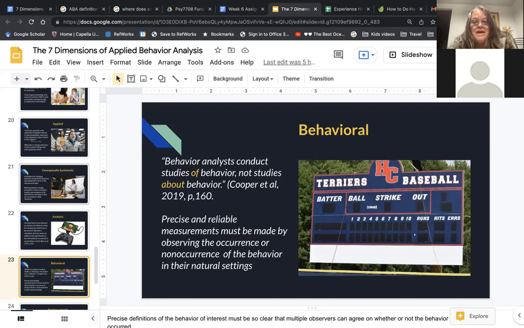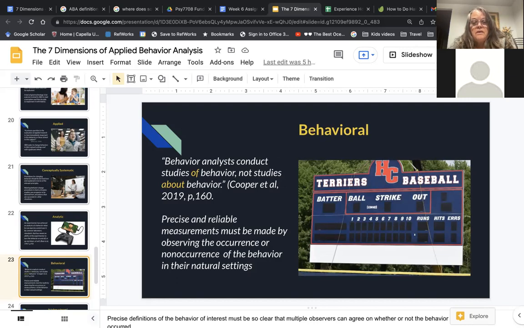And finally, get a cab. The B on cab is for behavioral. And what this means is behavior analysts conduct studies of behavior, not studies about behavior. So rather than read books and listen to podcasts and try to learn, well, there's definitely a lot to be learned from that, but more importantly, we're going to observe, we're going to watch what really happens.